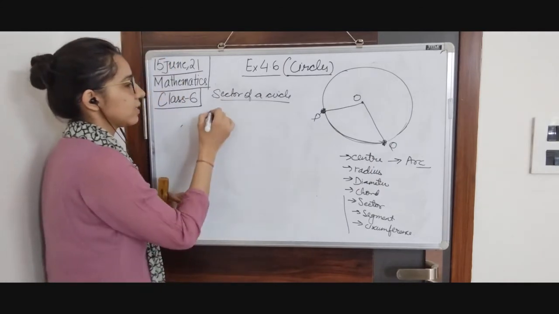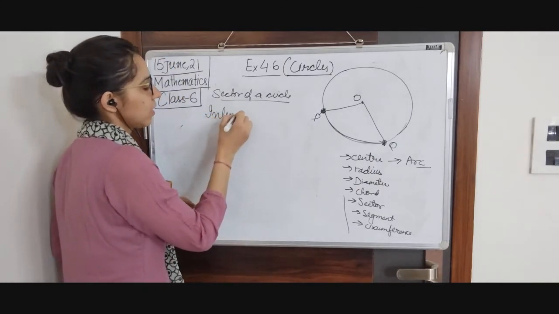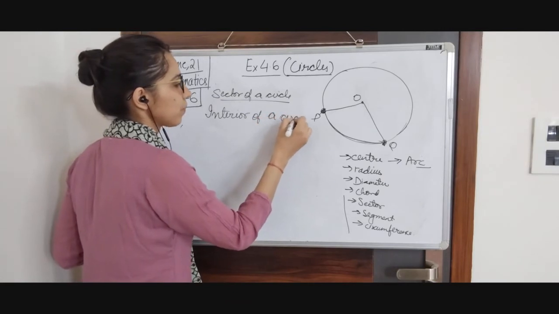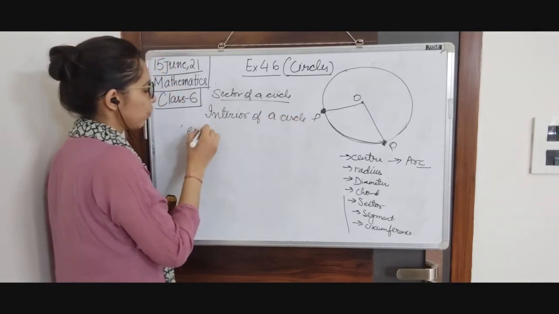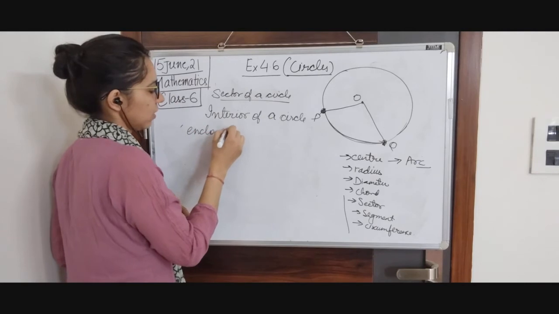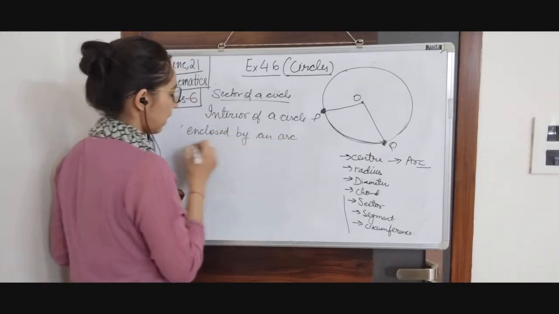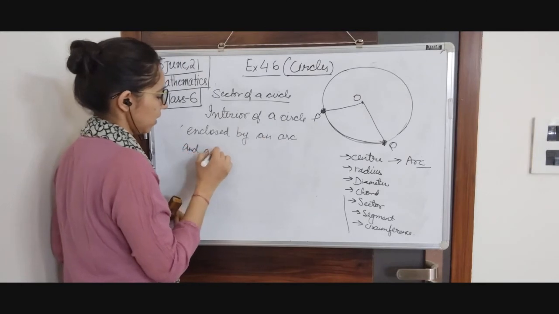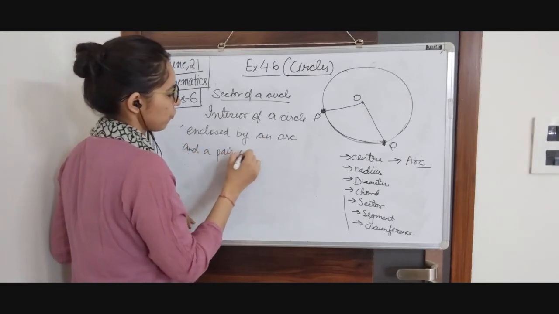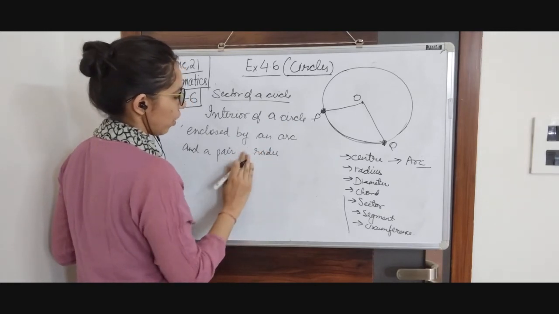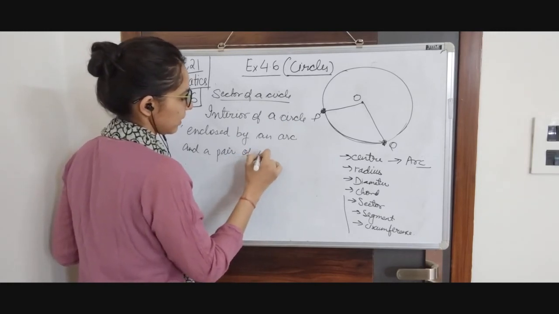Sector is the interior of a circle enclosed by an arc and a pair of radii, a pair of its radii.